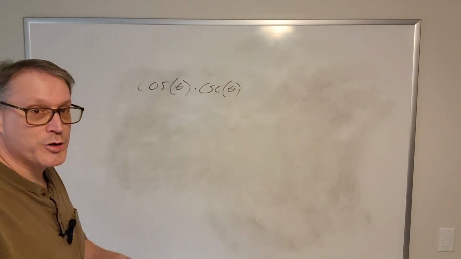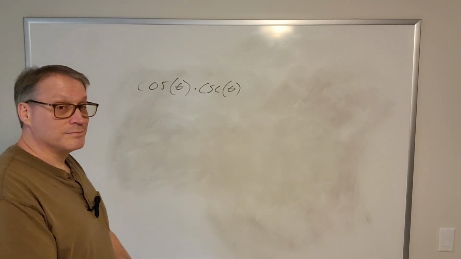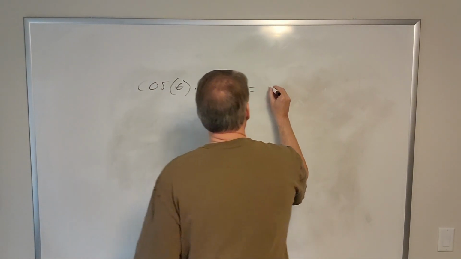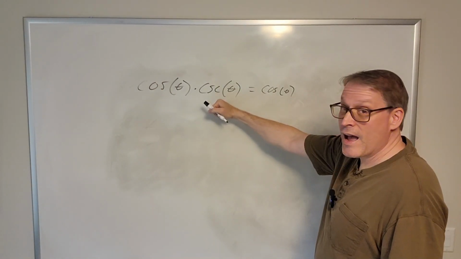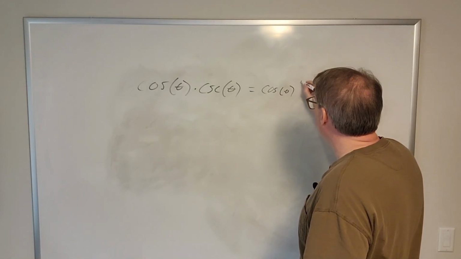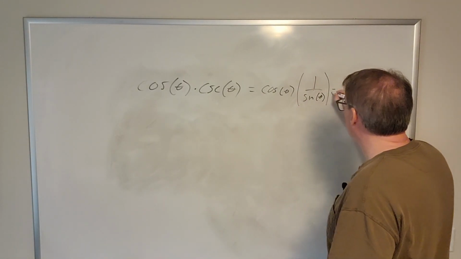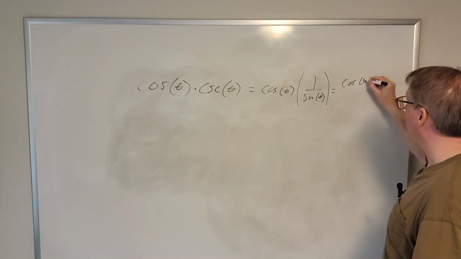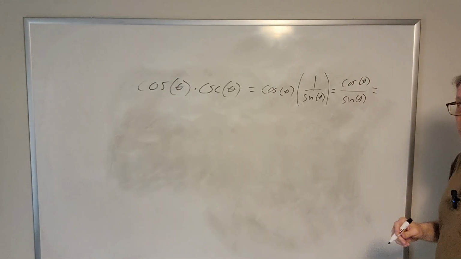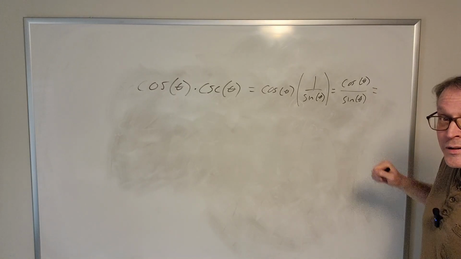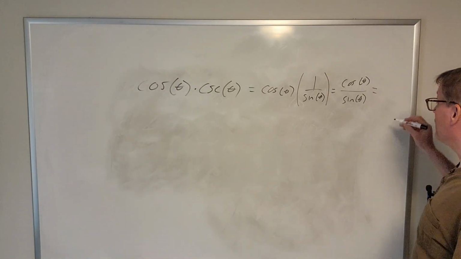What's cosine of theta times cosecant of theta? Again, cosine of theta times 1 over sine of theta, which is equal to cosine of theta divided by sine of theta, which is equal to, drum roll, cotangent of theta.